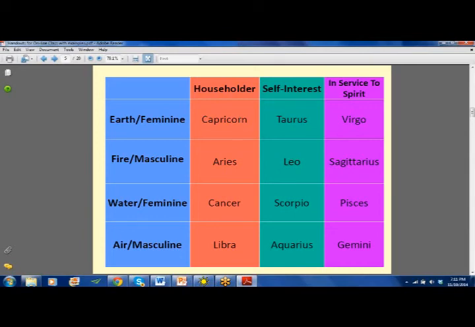I personally have not done that, and I don't know of anybody who has, but this is part of research, I think, going forward, to look at the seasonal signs. Would we have a little bit different understanding of Capricorn in the southern hemisphere? Just a question to be with. We don't know.